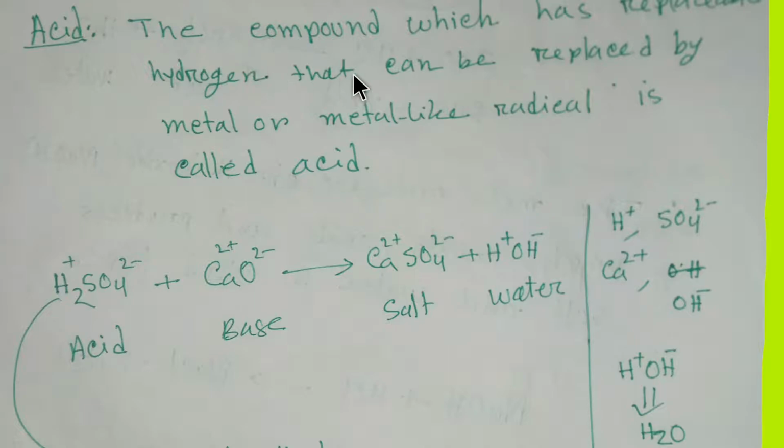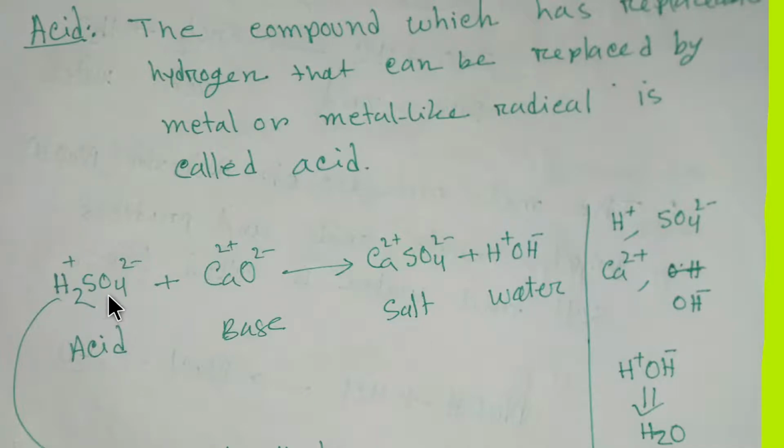According to the old or classical concept, what is acid? Have a look here. This is sulfuric acid, this is calcium oxide, and this positive will go with this negative, so we are getting water, right?